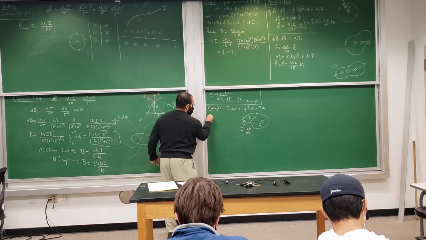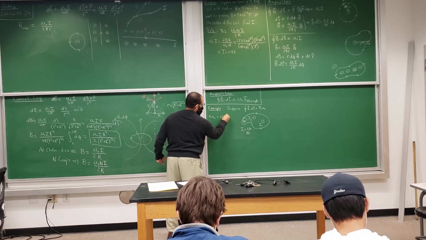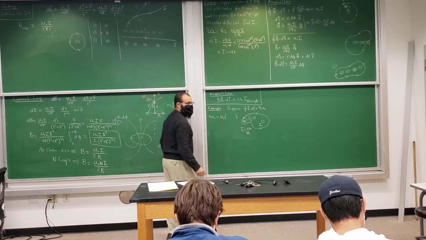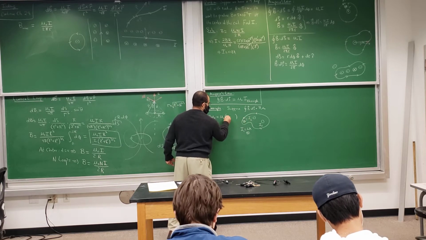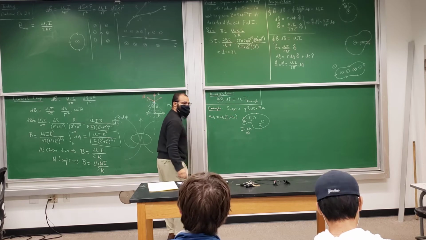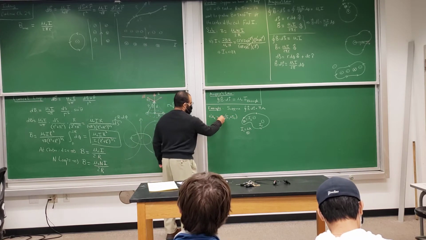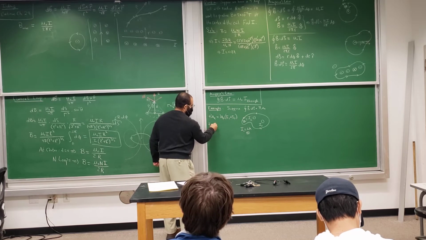So I got 7 mu naught on the left-hand side. On the right-hand side, I have mu naught times the currents that go through the loop. One of them is I2. The other one is I3. And that's it. I1 is not going through. So cancel mu naught.